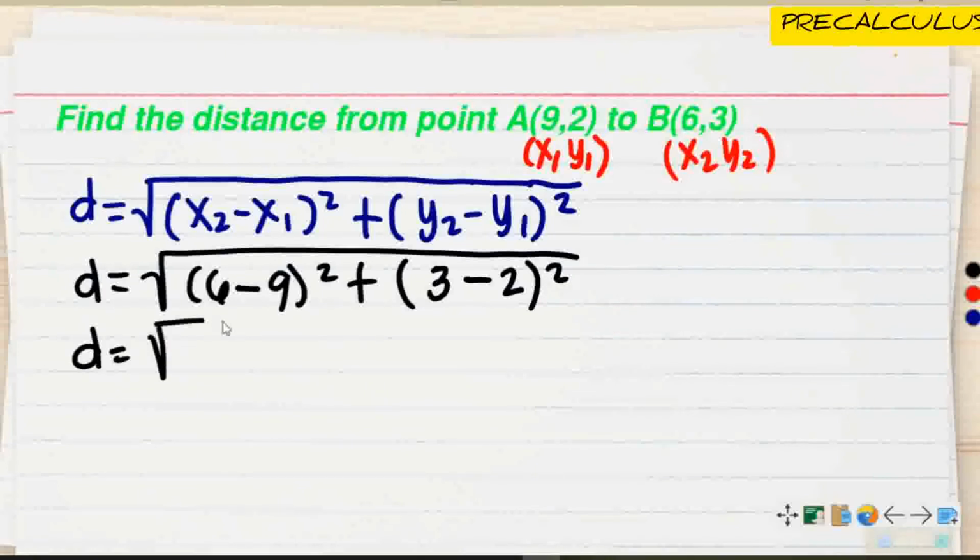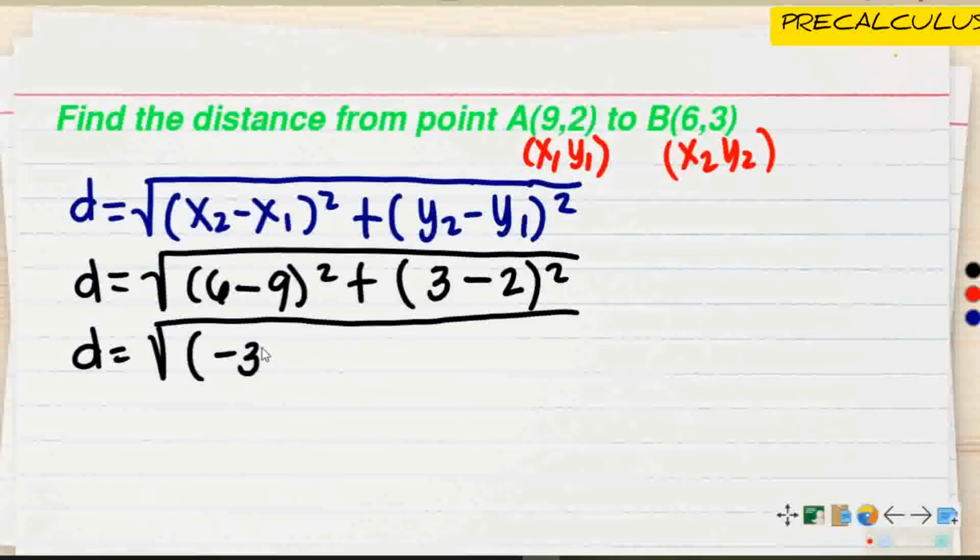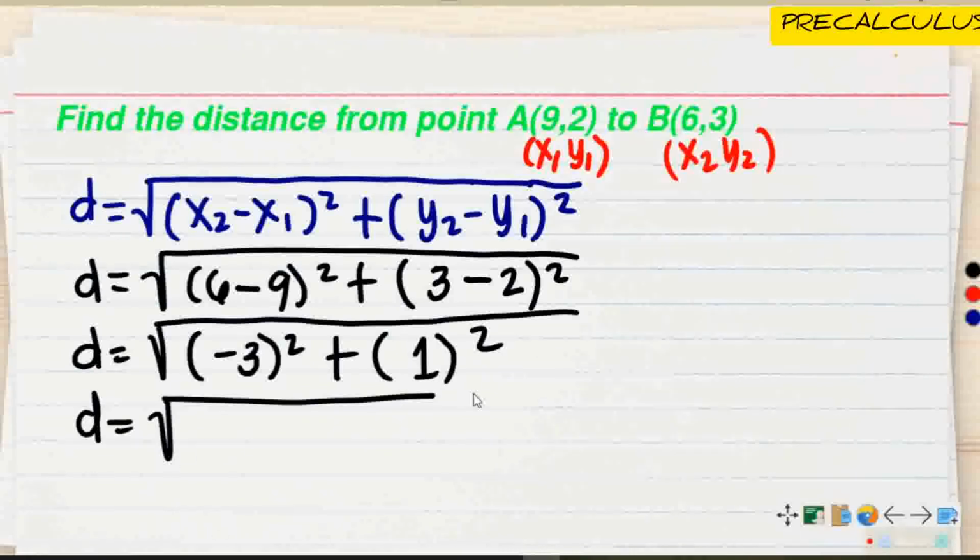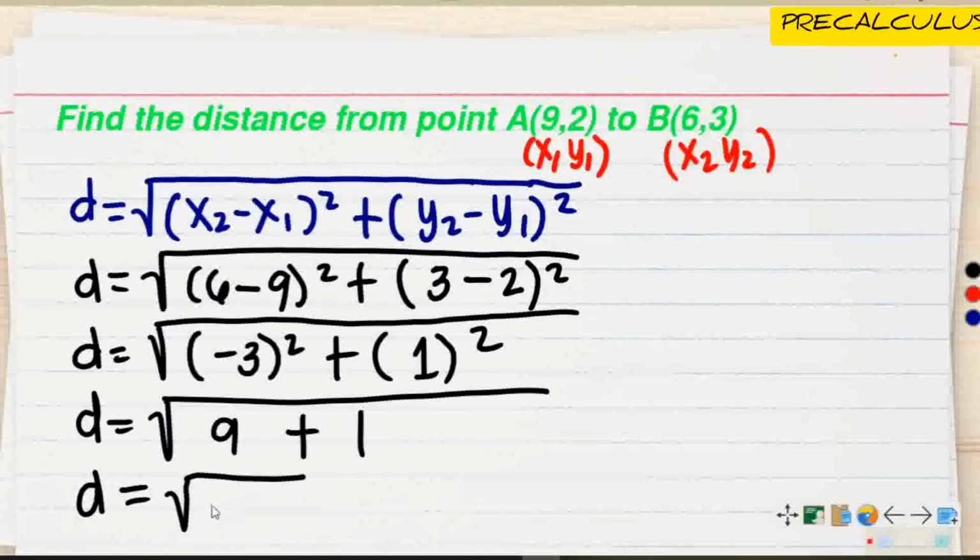Square root of 6 minus 9 is negative 3 squared plus 3 minus 2 is equal to 1 squared. So d, negative 3 squared is 9 plus 1. So distance is square root of 10, which is also equivalent to 3.16 units.